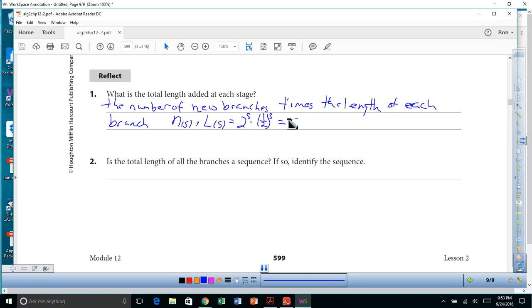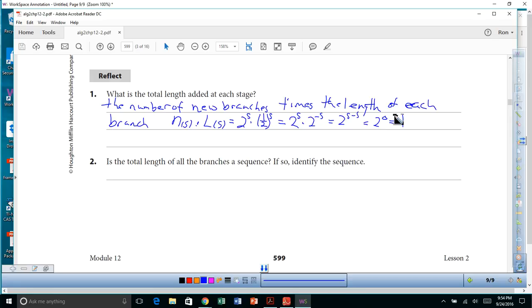Which equals 2 to the s times 2 to the negative s, which is 2 to the s minus s, and 2 to the s minus s is 2 to the 0, which is 1.